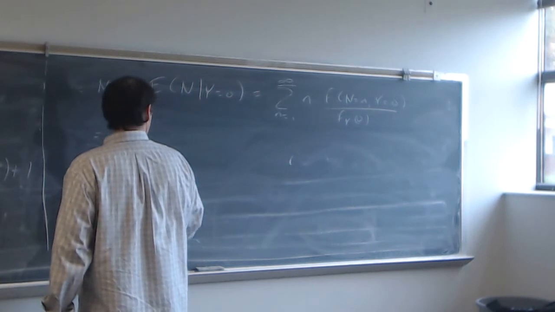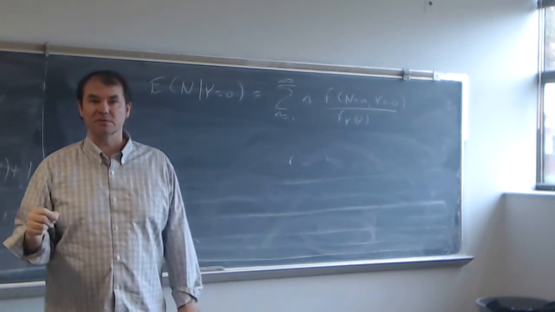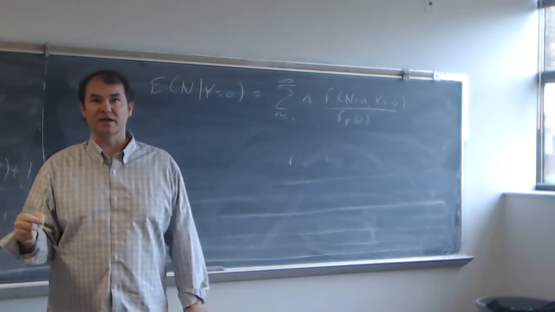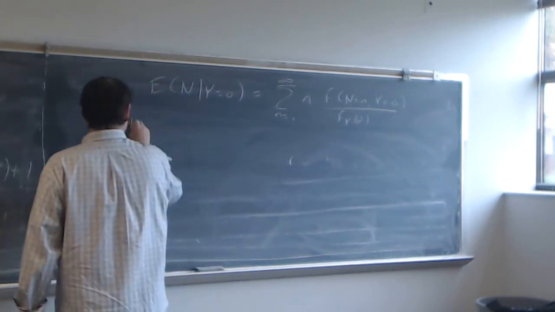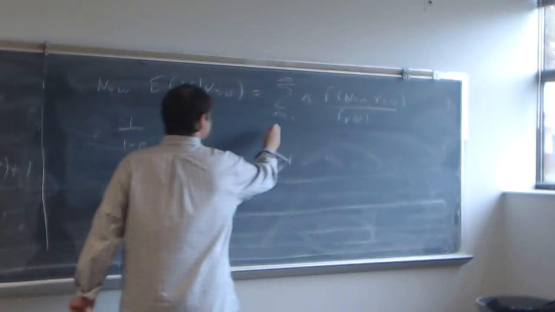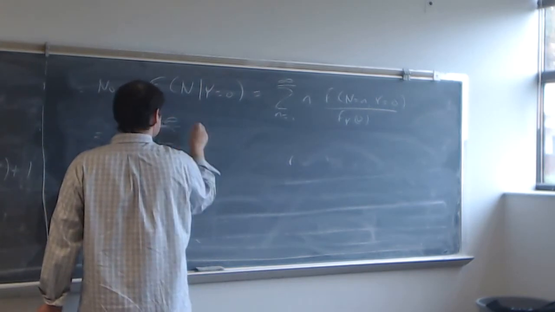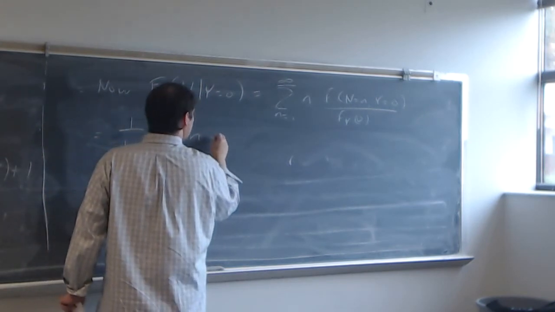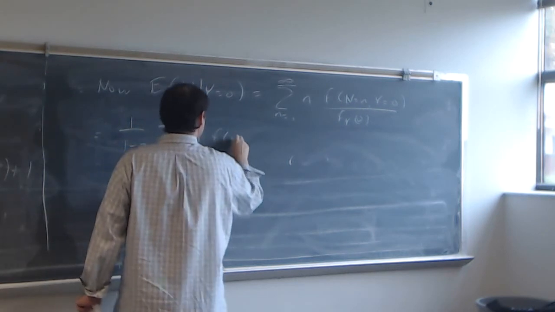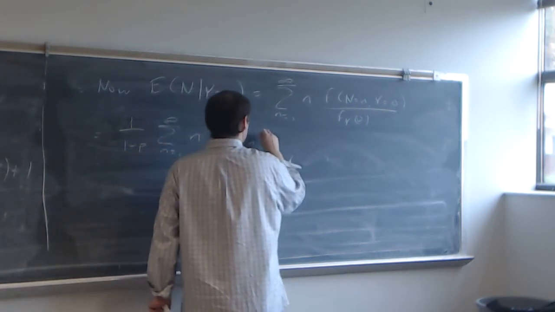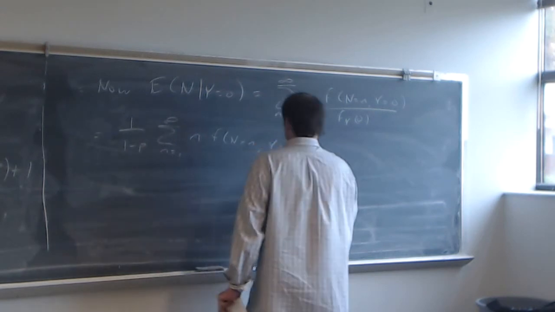The chance that Y is equal to 0 is the chance of a failure, that's 1 minus p. So it's 1 over 1 minus p. That doesn't depend on n, so I'll take it out of the sum. Sum as n runs from 1 to infinity of n times f sub N equal to n and Y equals 0.